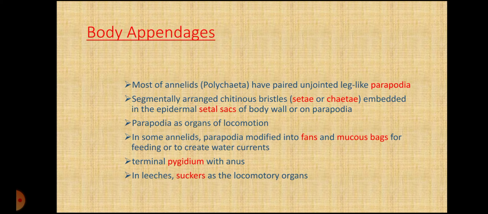Most annelids have segmentally arranged chitinous bristles called setae. These setae are either embedded in the epidermal setigerous sac of the body wall or borne on the parapodia. Para means lateral, podia means feet. The leeches have suckers as locomotory organs.